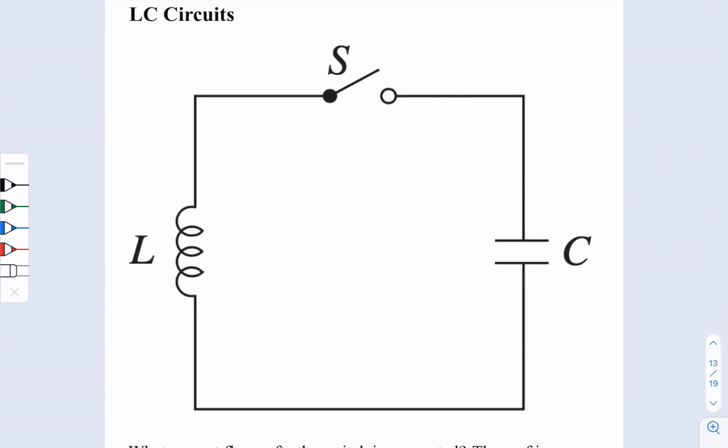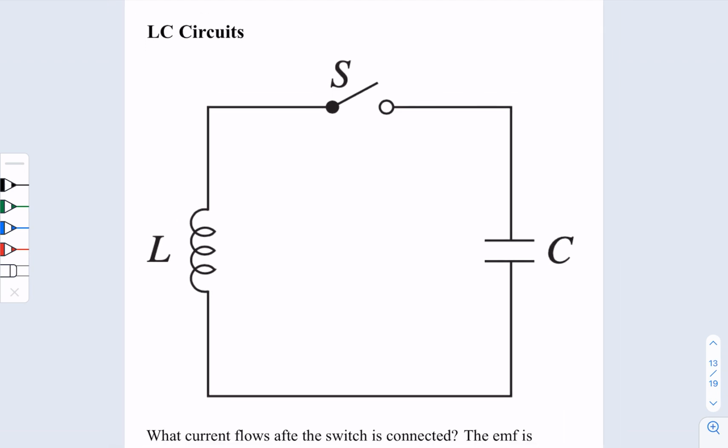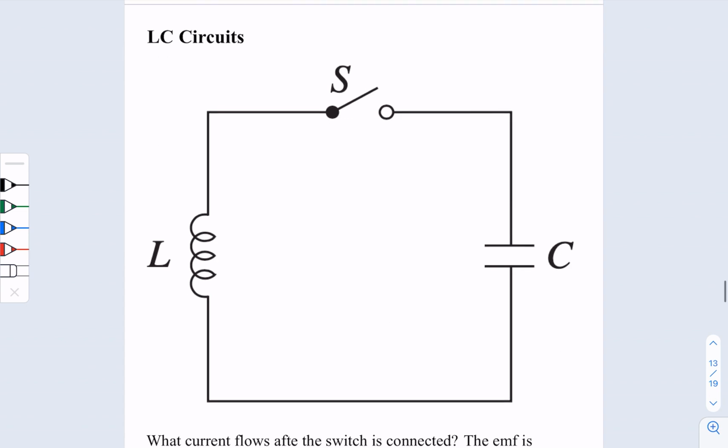So we also saw this kind of circuit in 2041. I'm just repeating it here. So now instead of having a resistor on the right hand side, we can have a capacitor here.